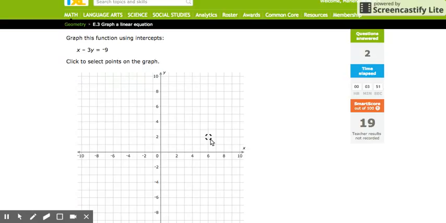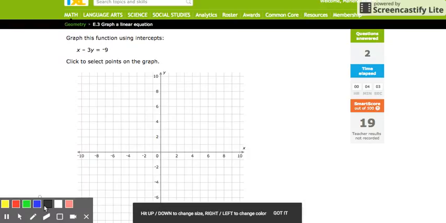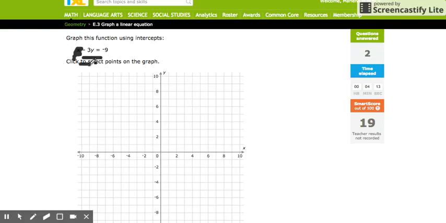Okay, this one's tough because you have to find your x and y intercepts. So to find my y-intercept, I need to cover up x. So I'm going to get rid of x, hide it. So you have negative 3y. How do I solve for y?